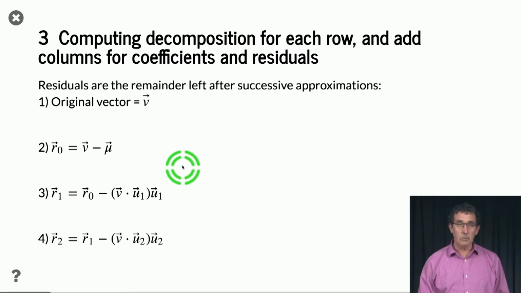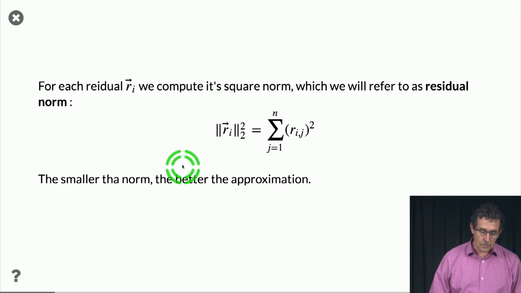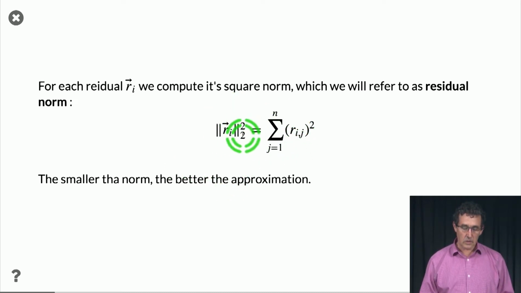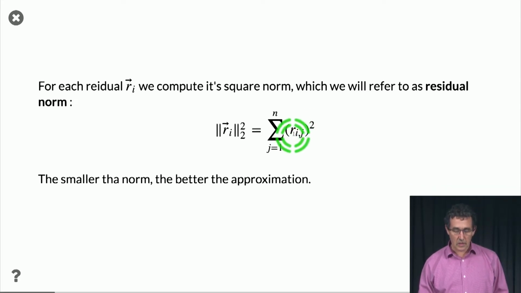R2 is R1 minus the second eigenvector, and R3 is the next one, and so on. So for each residual, we compute its square norm, this is what we call the residual norm. Okay, so we basically take the residual vector, and we just take the sum of the squares of the components.